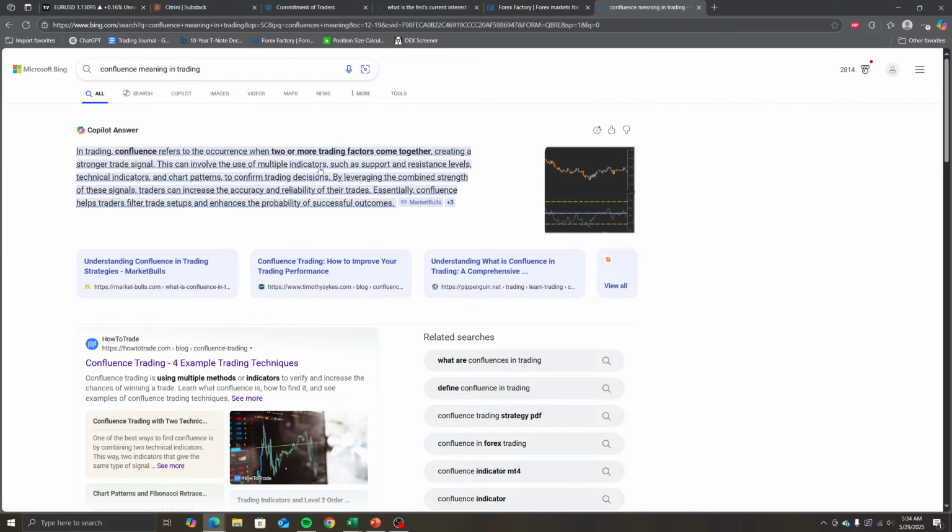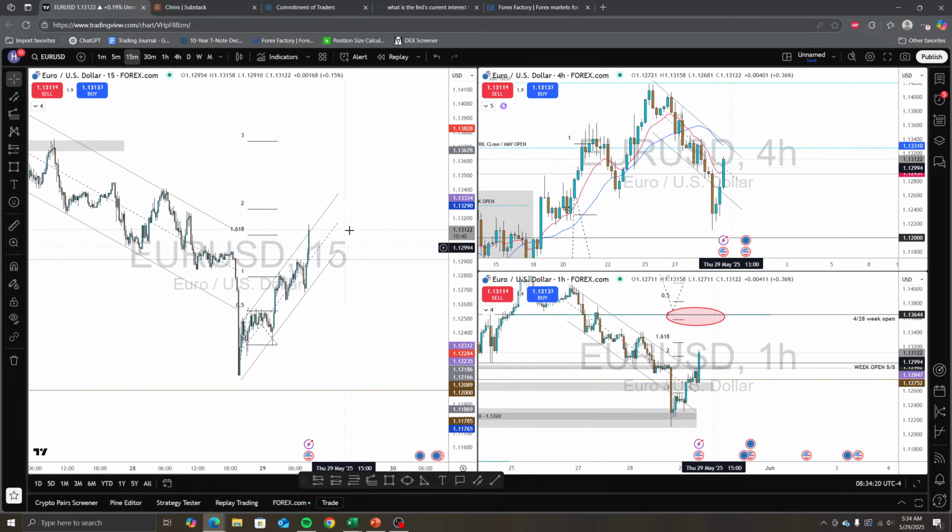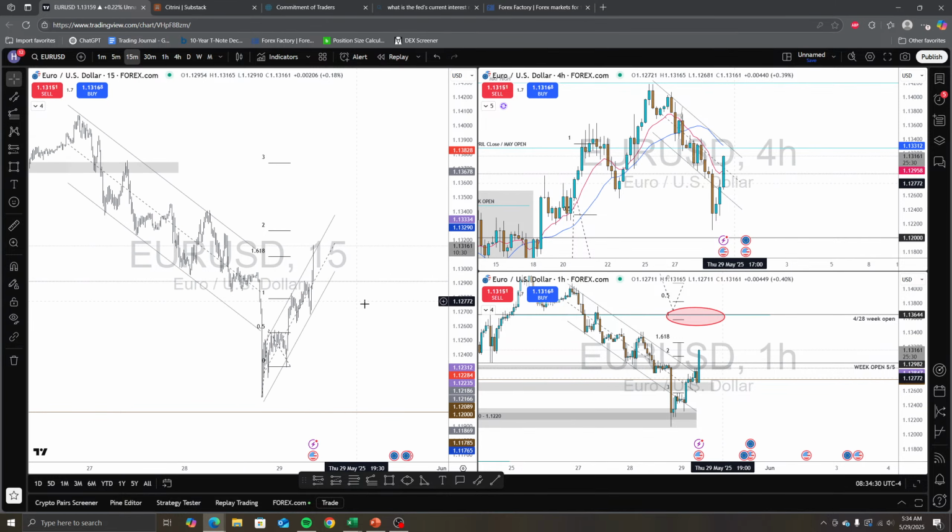This can involve the use of multiple indicators. So yeah, I've been saying that, right? Basically we have to stack up confluences. So these 2 stack up with the 1 hour, so that's good. That means I'm not going crazy.